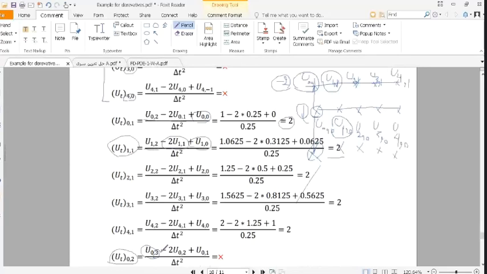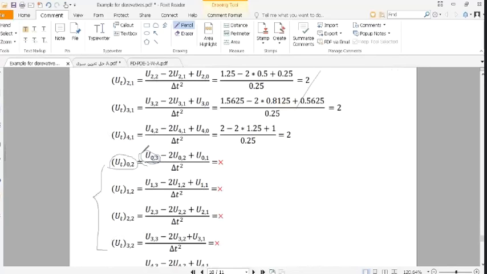And also for UTT at 1 and 2, 2 and 2, 3 and 2, for all of them, we need u0 and 3, u1 and 3, u2 and 3, u3 and 3.